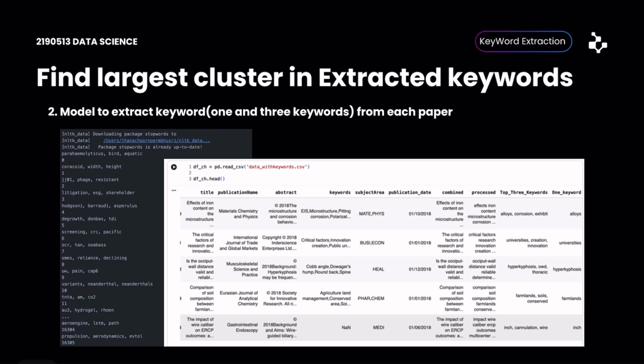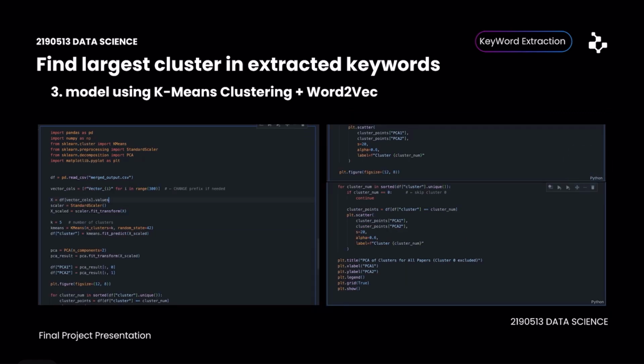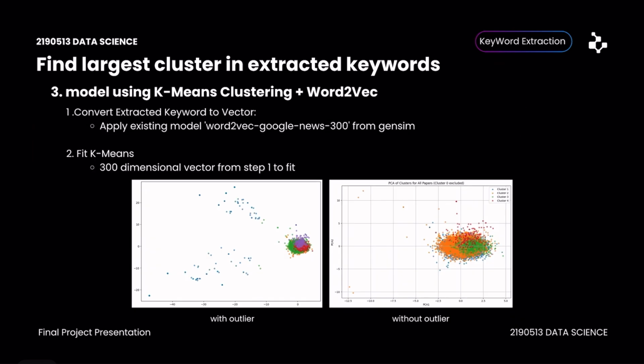This gives us a 300-dimensional representation for every keyword. Next, we apply k-means to these vectors. Since each keyword is now represented as a 300-dimensional point, k-means can group them based on similarities. After clustering, we simply identify the largest cluster, which represents the most dominant theme among all the keywords.